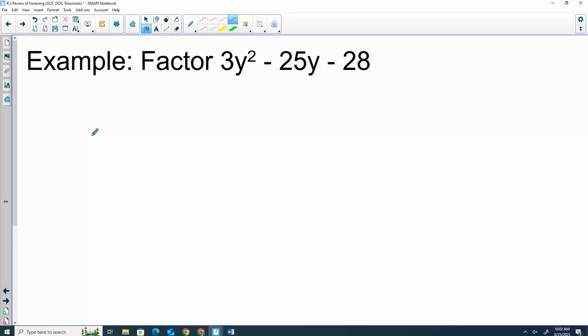All right. What do you do first? Check for a GCF. The 3 is only divisible by 3. Can you do 25 divided by 3? No. So we don't have a GCF, so then what do we do? Slip and slide.